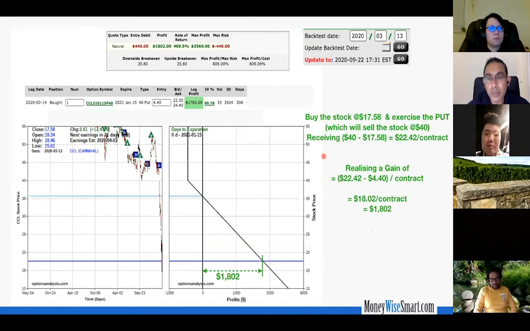So effectively, I will end up receiving $22.42 per contract. And I will realize a gain of 22.42 minus 4.40, which is 18.02 per contract.